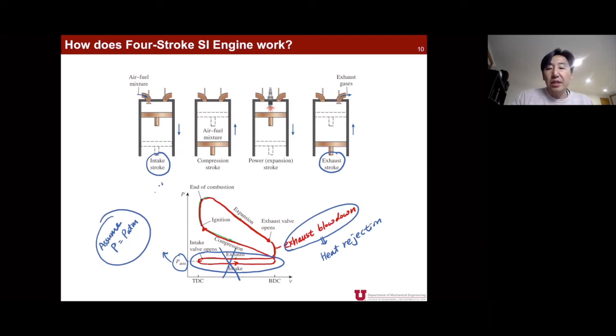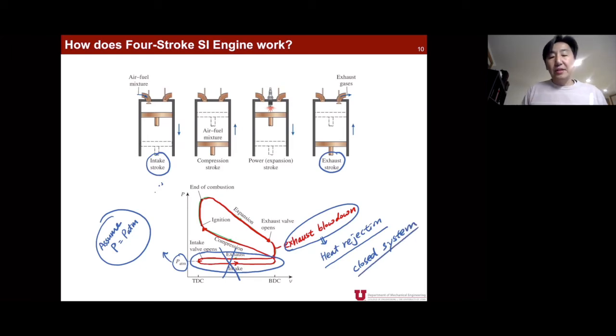And now the exhaust blowdown can be modeled in terms of heat rejection. Then we don't worry about any air coming in or air going out; we assume the whole ideal Otto cycle is a closed system. Okay, so that is the biggest assumption.